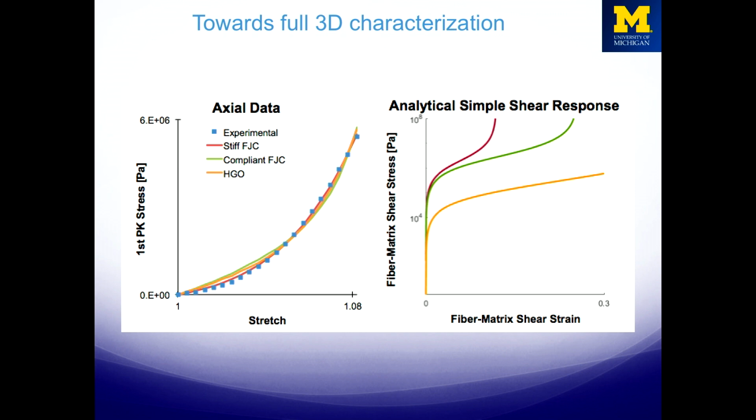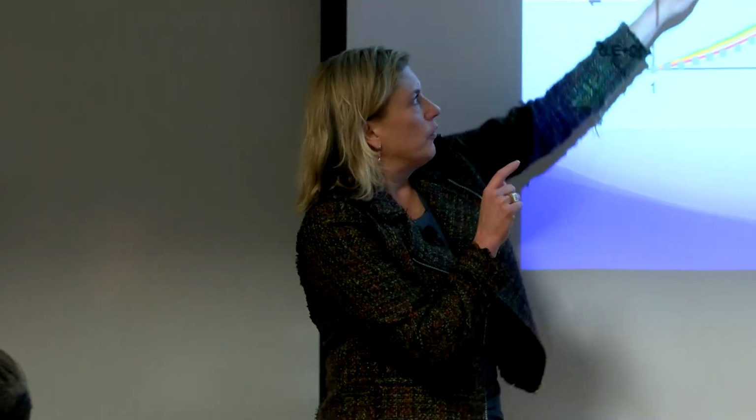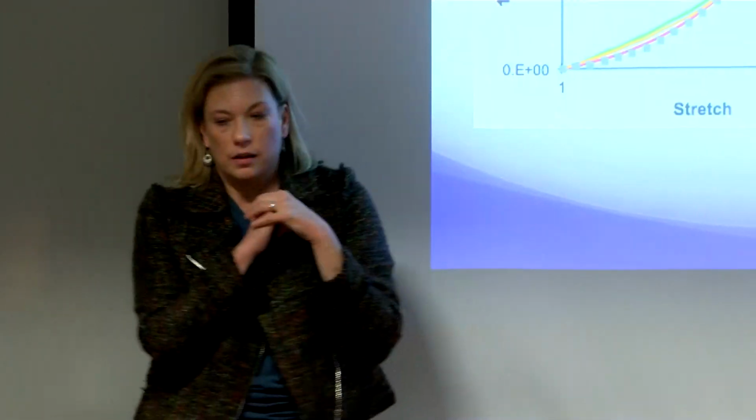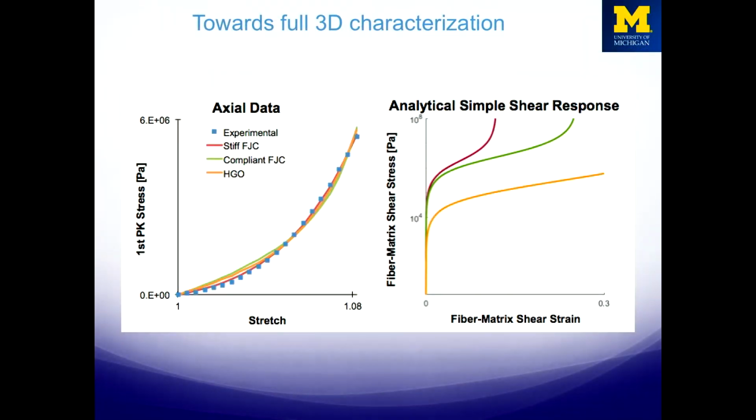The one I just described, I can independently vary the shear stiffness from the axial response. And the one from the literature is an anisotropic model of Holzapfel, Gasser, and Ogden. Fit those equally well to the axial data.